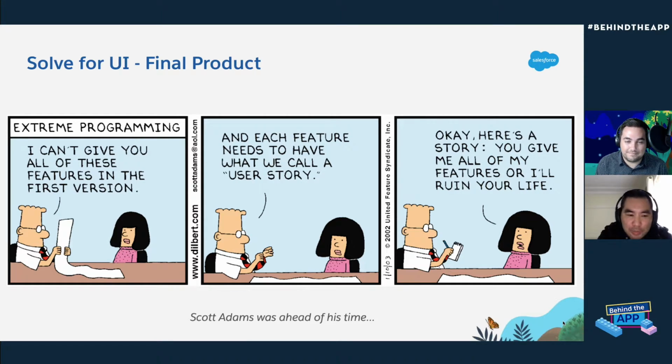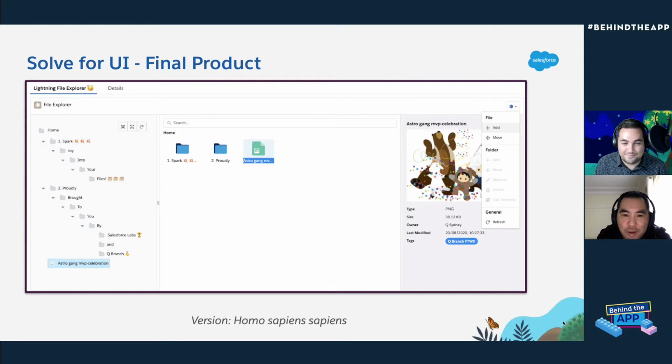So our final product, as we showed, looks like this. And I think we hit, for the most part, everything we wanted. That was critical for a functional application. We used the Lightning Design System for all the UI, so it looks very close to, if not on par with, the platform.